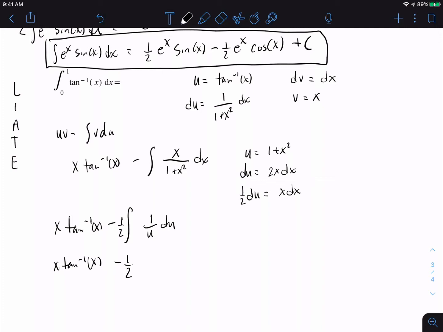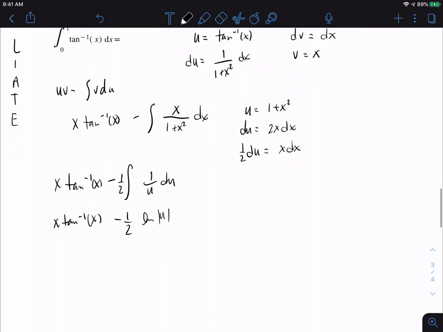What do you guys think? Absolute value of u? It's ln of u, right? It's ln of u in absolute value.